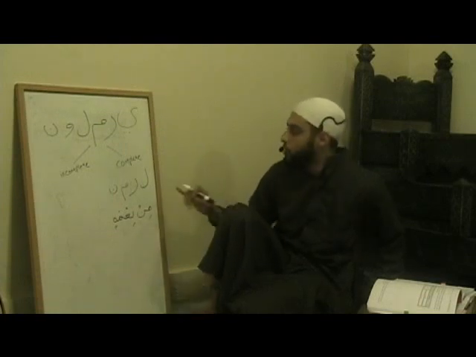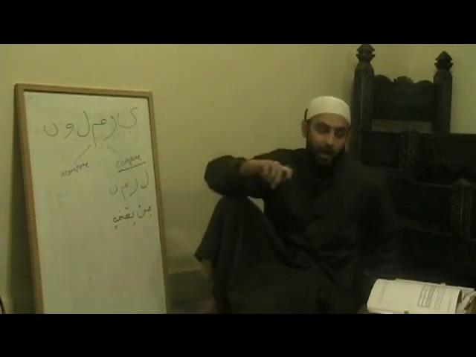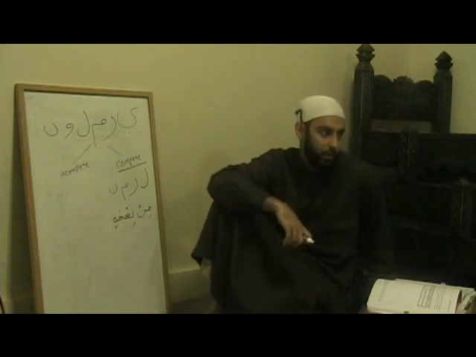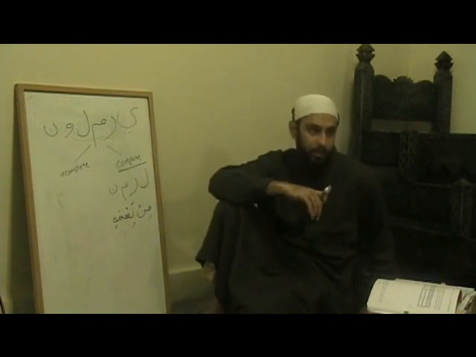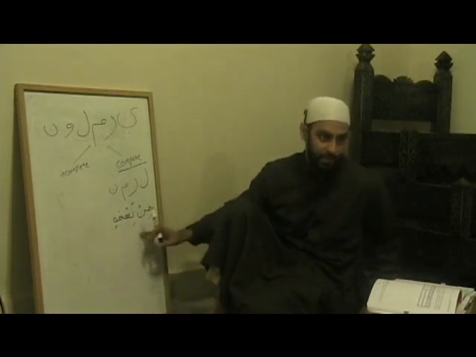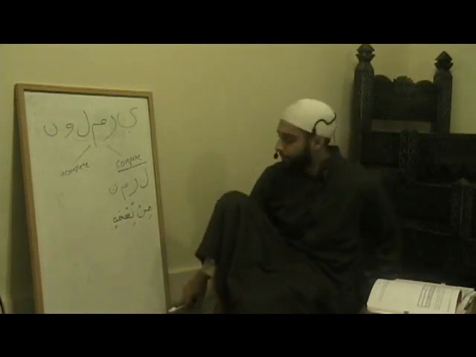Min ni'matin. So when you have a complete idgham, how is it indicated in the mushaf? Shadda on the next letter. Okay? You'll see it. It'll be there. You'll see min ni'matin. So this is kind of the easy one because the shadda will be there. Okay?